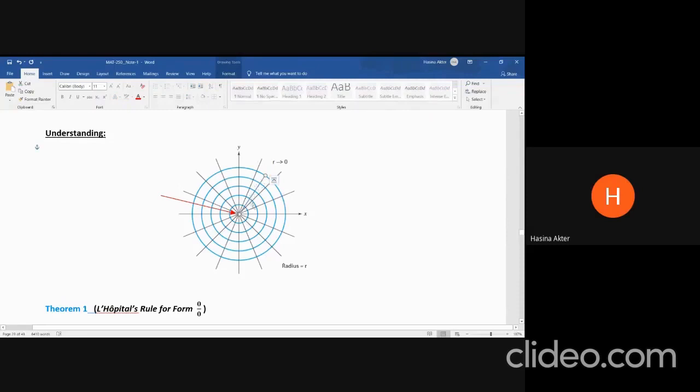That means it doesn't matter which direction you are talking about, that direction cannot reach the point without crossing the circle. So since the circle is approaching the point, definitely infinitely many directions, all of them approaching the point.